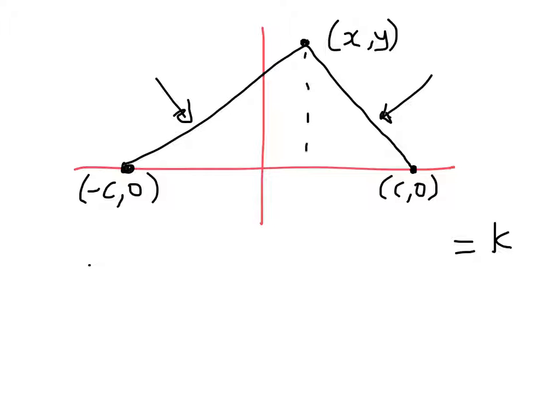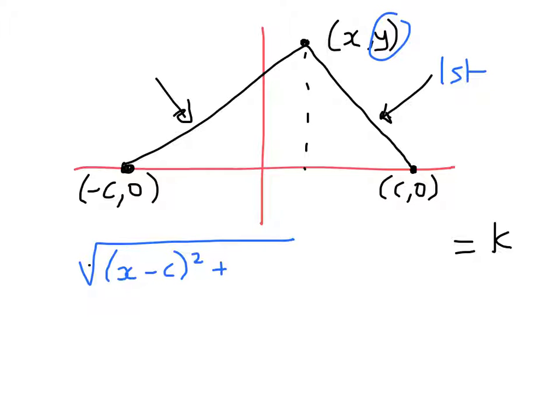So that's just an application of Pythagoras. So this one first. Okay, so we're going to have, by Pythagoras, the square root of x minus c squared plus y minus 0, so plus y squared, plus the second one will be the square root of x plus c squared plus y squared.